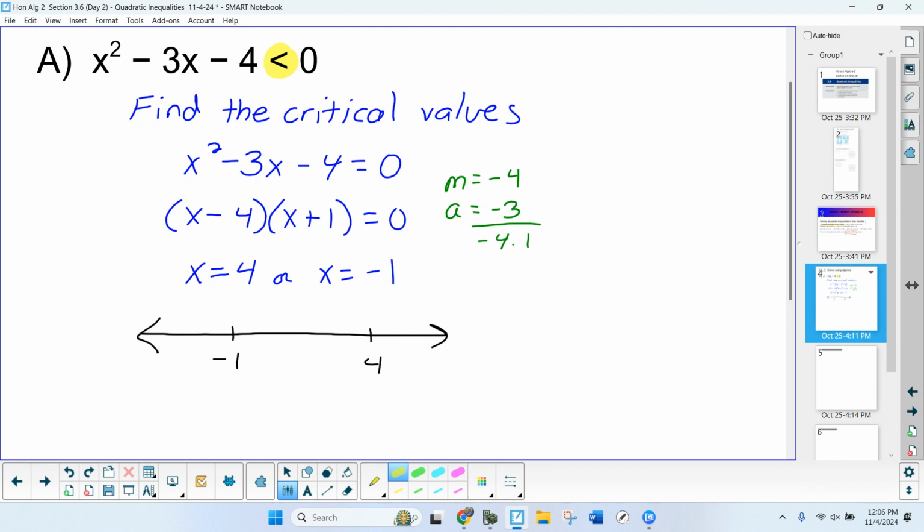It doesn't say less than or equal to. If it says less than or equal to or greater than or equal to, it includes these critical values. If it's just less than or just greater than, it does not include these. So I'm going to put open circles on my critical values. So I'm going to open, open.